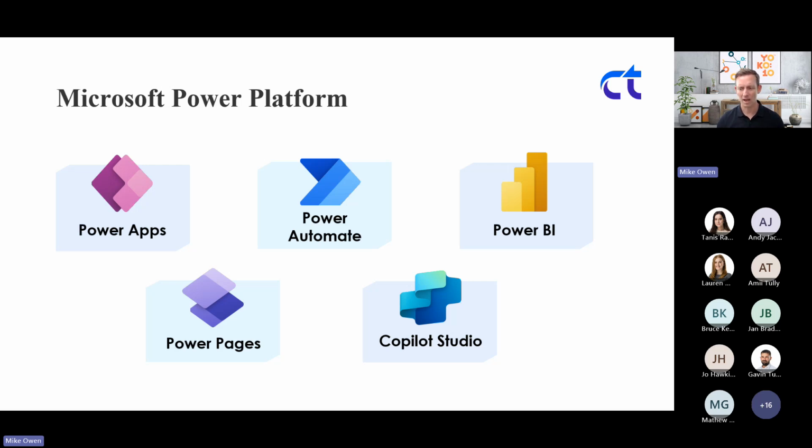Virtual agents certainly let you have that guided conversation, very similar to a telephone menu system, which will guide you through a certain process. Copilot Studio leverages AI in a much more sophisticated way to be able to create a bot that is very responsive to the conversation that you have with it.